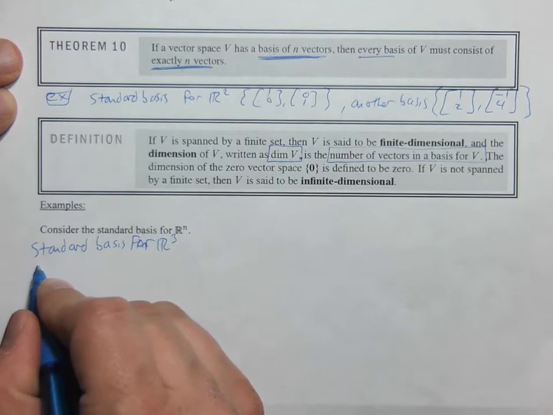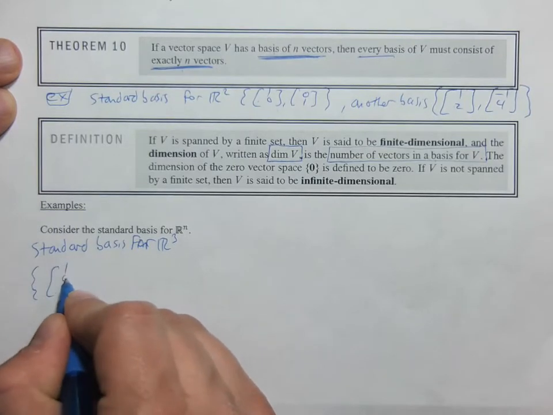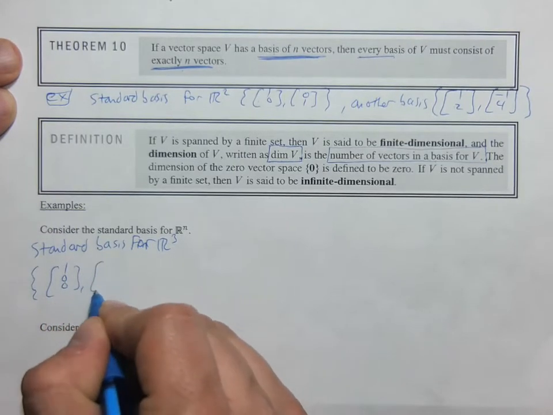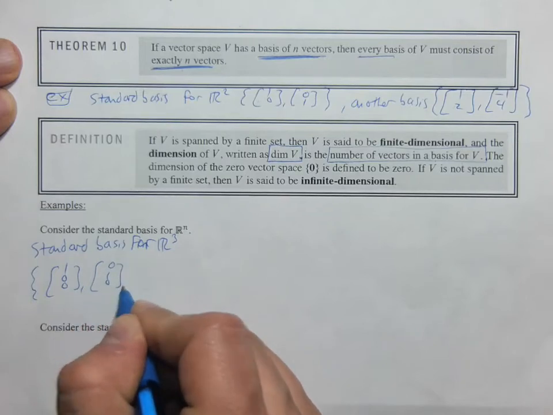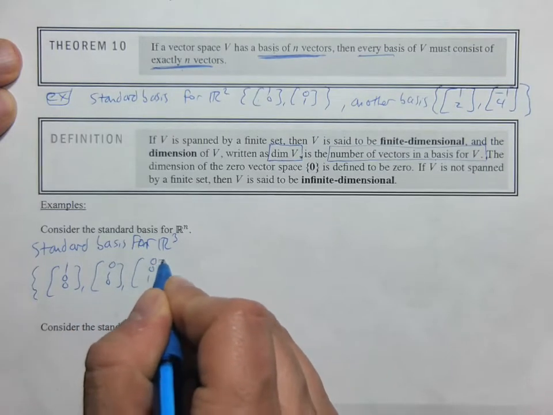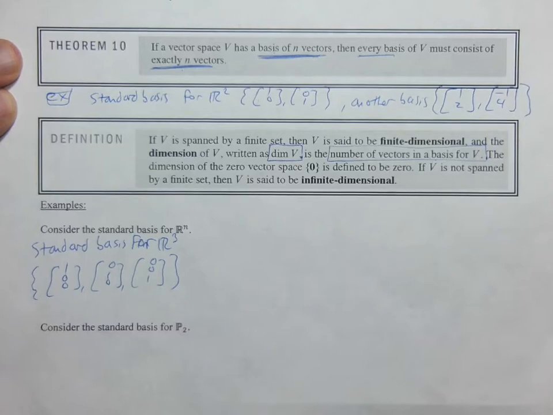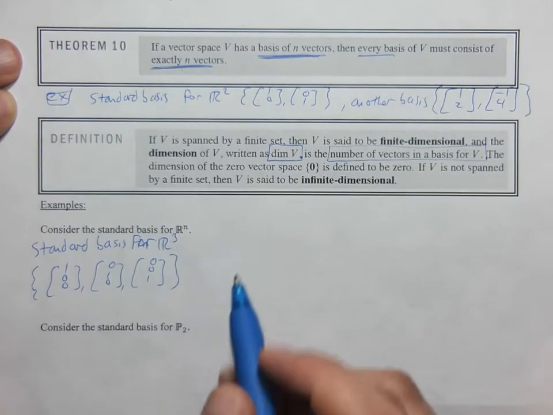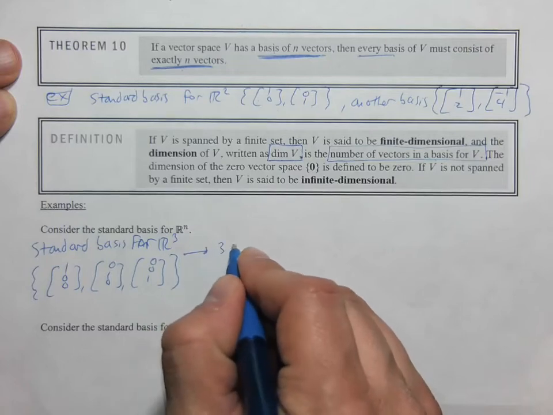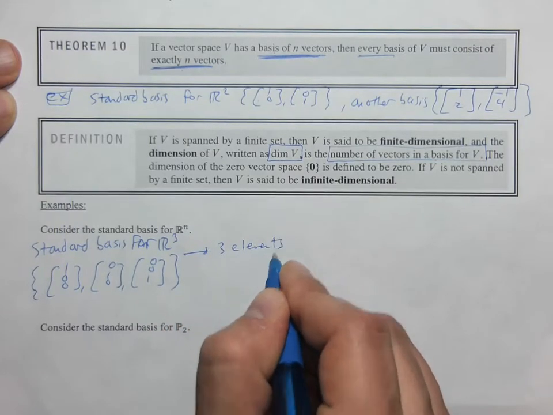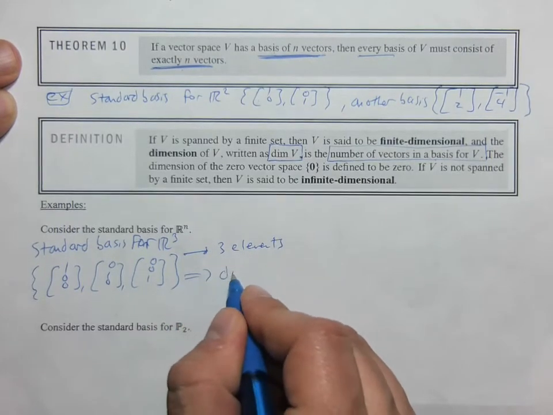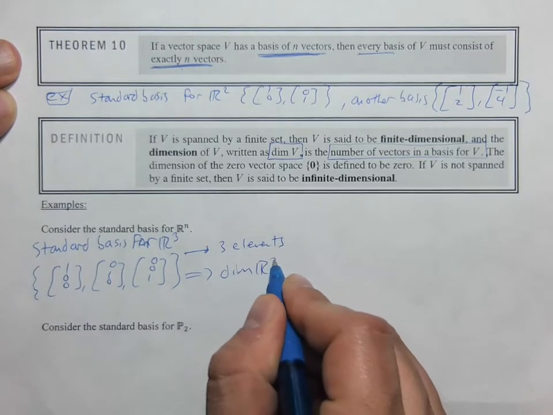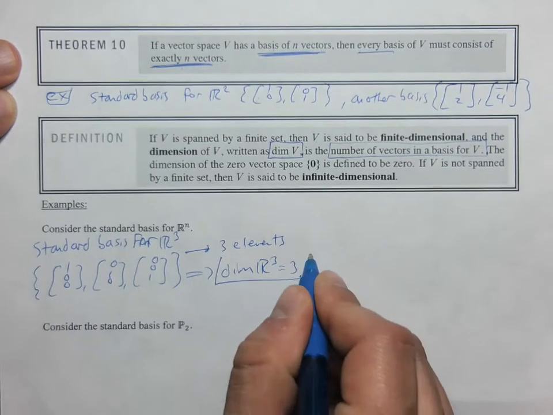So it would be 1, 0, 0, 0, 1, 0, 0, 0, 1. And we could say, well, there's three elements in there, and so R3 is three-dimensional. Three elements in the basis, and so that means that the dimension of R3 is 3.